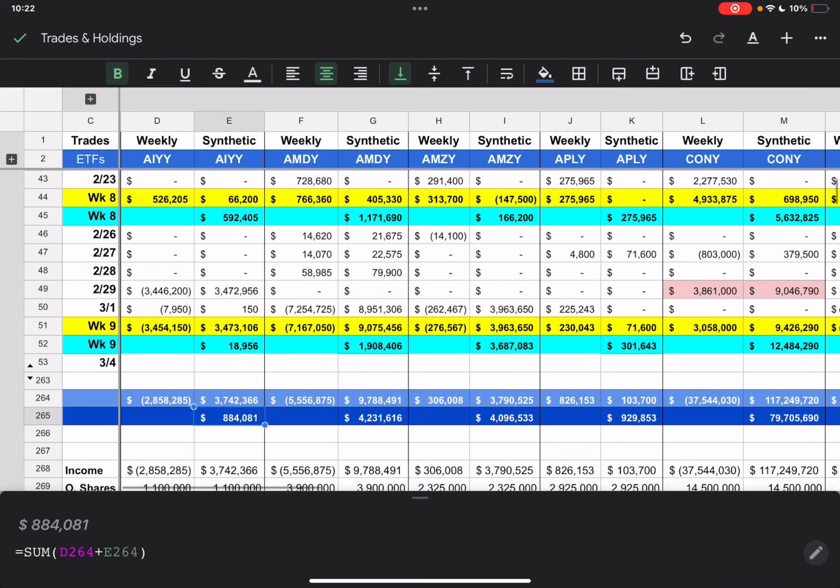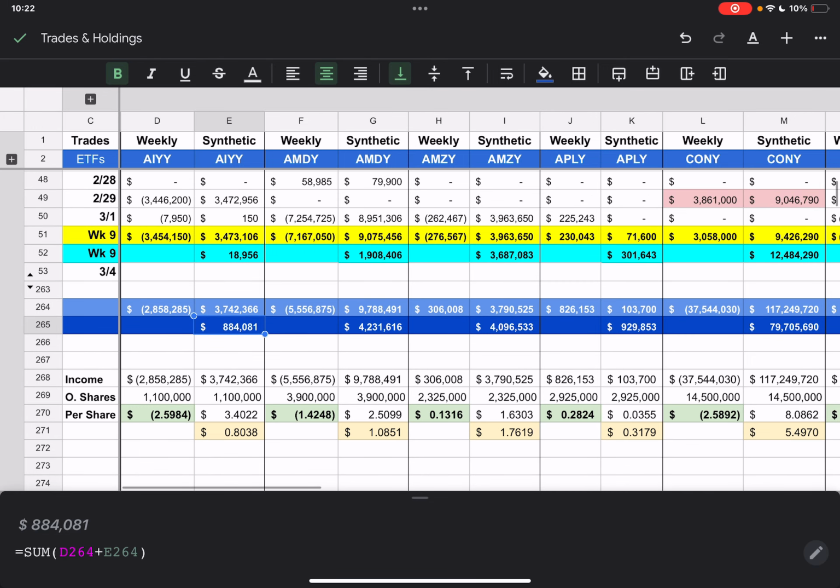So then what I did is went on down here. I went ahead and brought that number down here at the bottom also. And then I just have the outstanding shares there, and then did the calculation of the income divided by the shares, and that would be the amount per share.